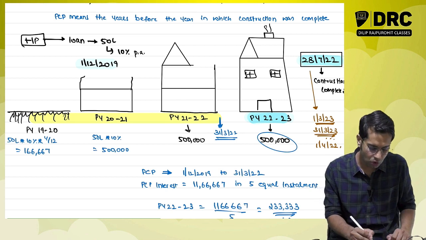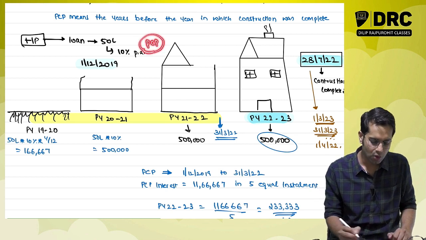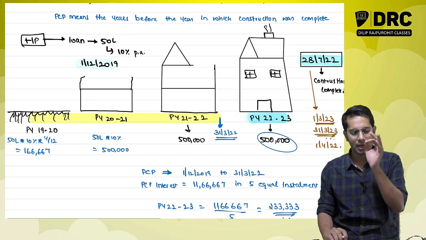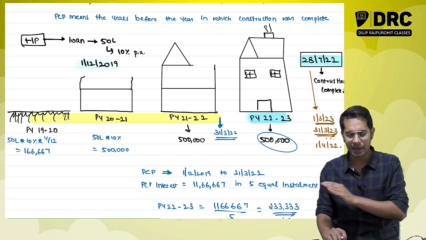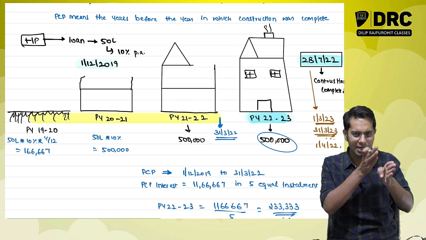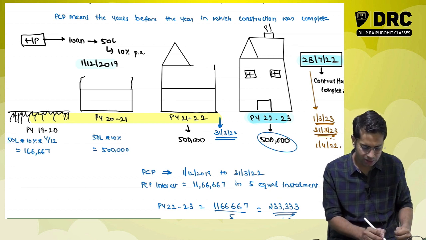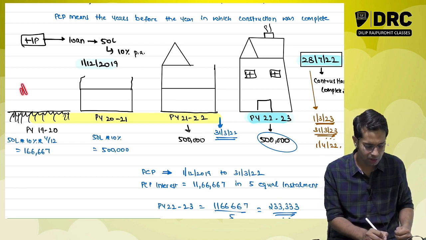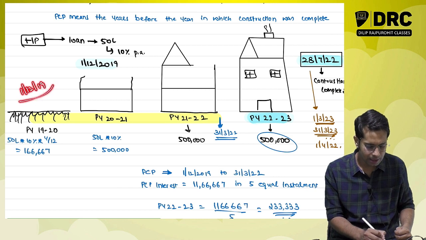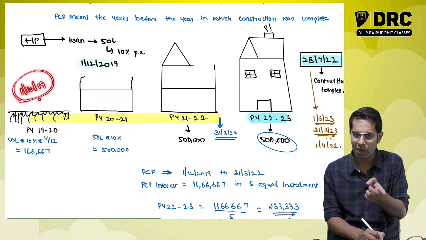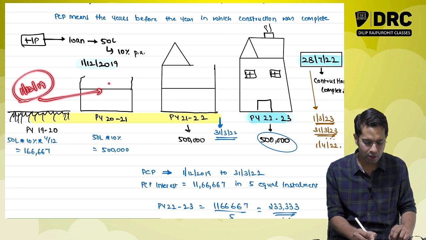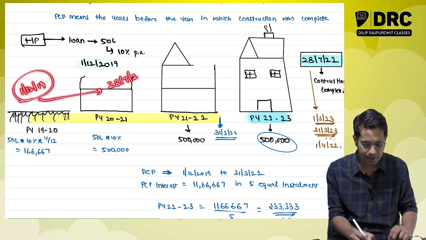Now the question is, sir, what do you mean by pre-construction period? Does pre-construction period mean the period from the date of taking loan, which is 1st December, till the date of construction getting completed?